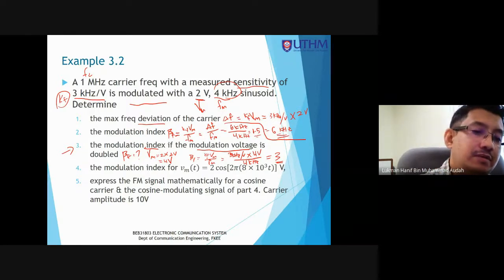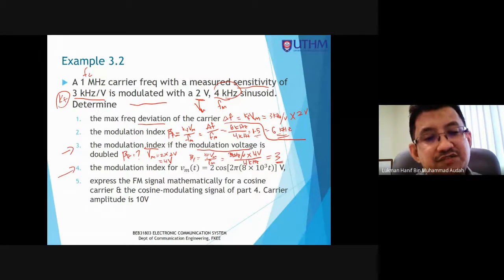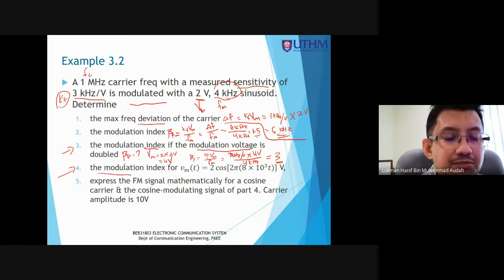Okay. And then question number 4. Determine the modulation index for VmT equal to 2 cos 2 pi 8 times 10 power of 3 t. So the question asks to determine the new beta f if let's say you are given a new VmT.